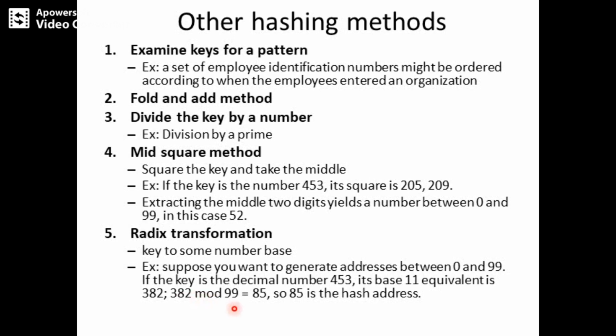In this case, I took 382 mod 99, a random number; I took 99 because 0 to 99 is my address range, so the biggest address is 99. You can go for the nearest prime number, 101, also. So I got the answer: 85 is the hash address. This is how radix transformation occurs. So these are the different simple hashing methods you have.